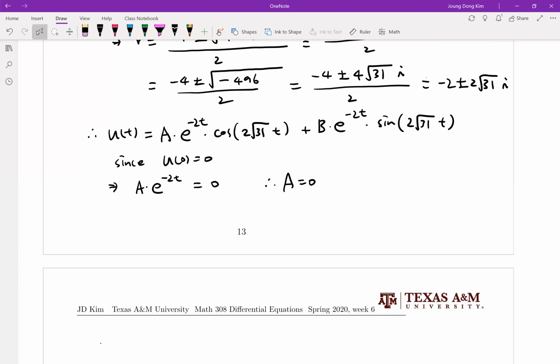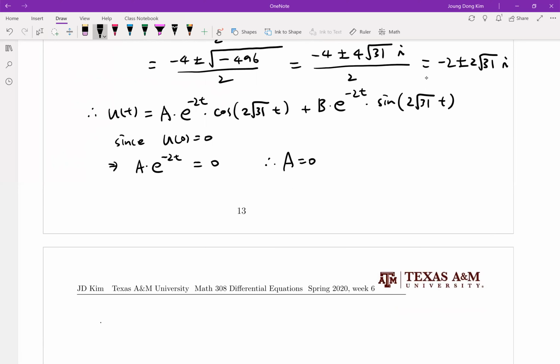And what about the second part? Then we can update my u(t), which is equal to b times e to the minus 2t times sine of 2 square root of 31 t, right?